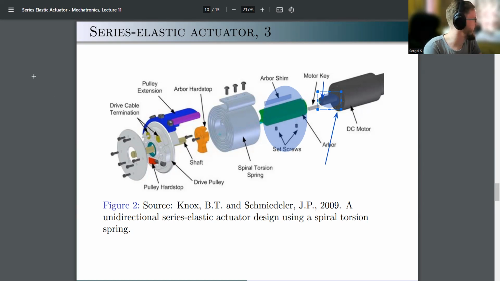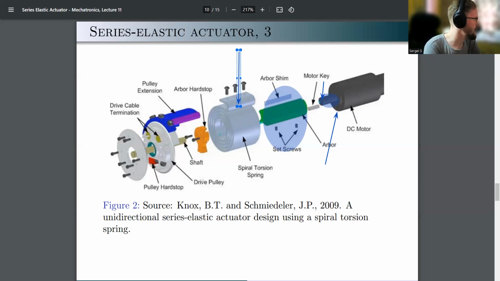Now, it connects the standard output shaft of your motor with your torsional spring. This is a torsional spring. So you can see it is basically some kind of wind-up structure, and it is designed like this, right? It's designed to wind up. You can rotate it, and it's going to create torque.